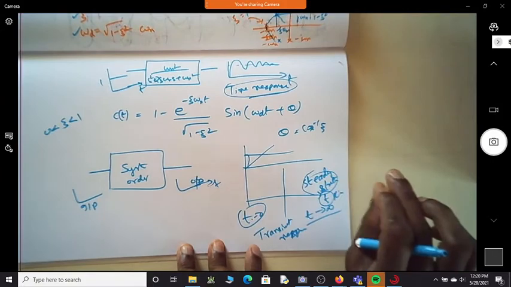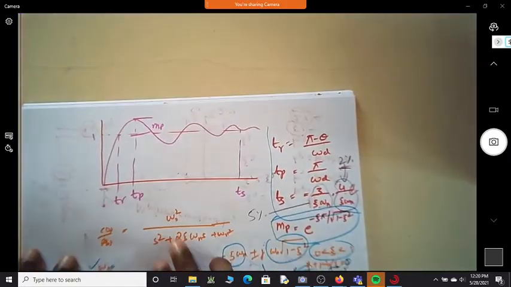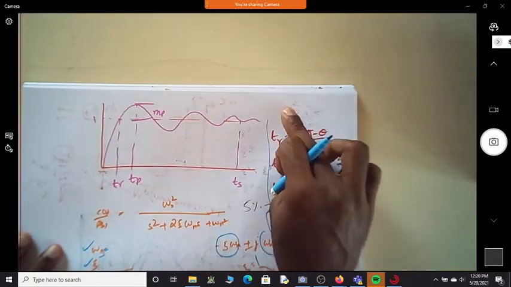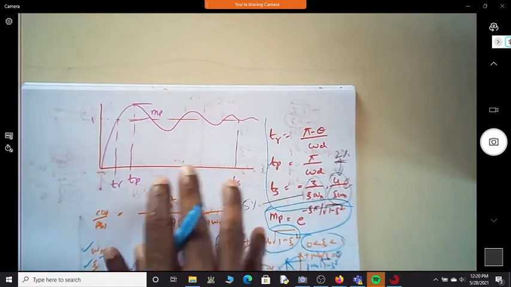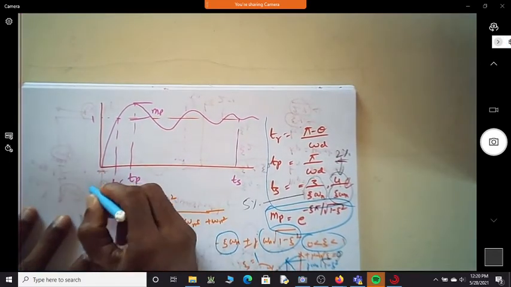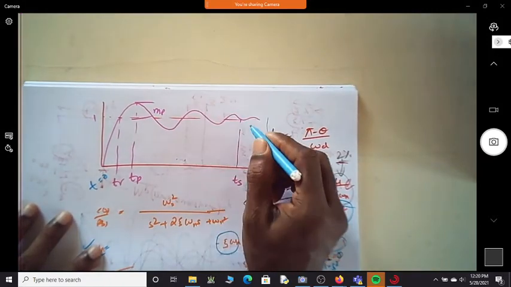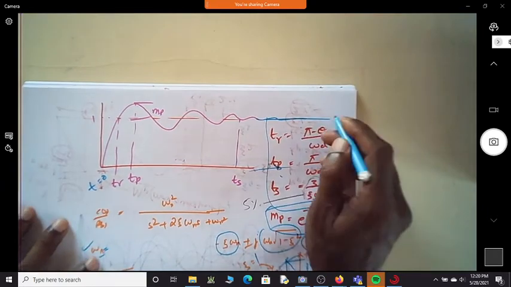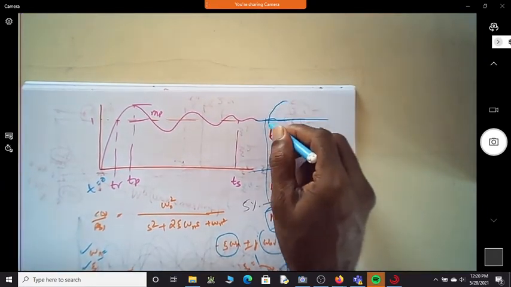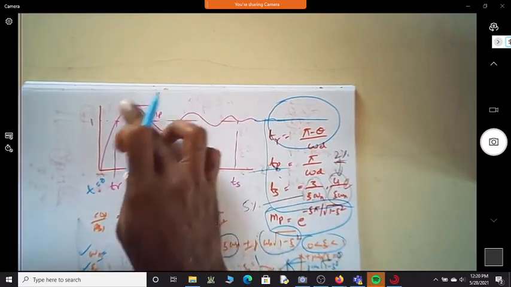This is a time response, but we still say this portion is the transient response, immediately at t equal to 0, where you try to understand how the system behaves. As t tends to infinity, you can see it is almost settling down. You can say this is the steady state response, and this is the transient response.